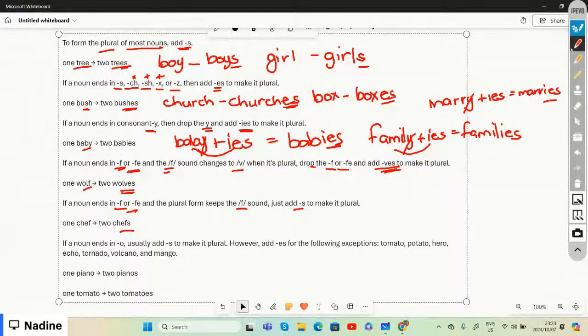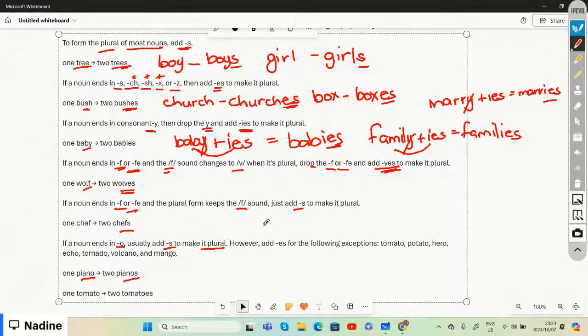And then lastly, if a noun ends in O, then all we do is we add an S to make it plural. Like for example, one piano, two pianos, right? One piano, two pianos.